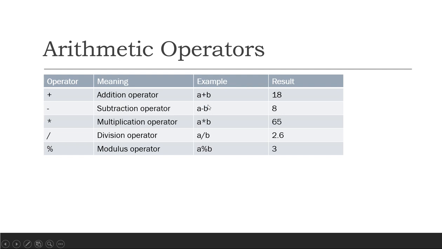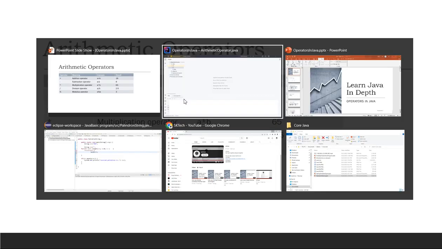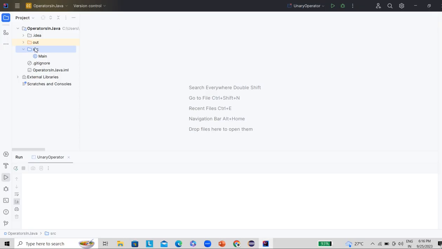So let us see how we can perform the same operations in our Java program. Let's go to any IDE, say IntelliJ IDE. Just create one class, let's say ArithmeticOperator.